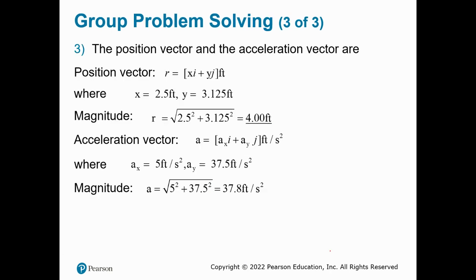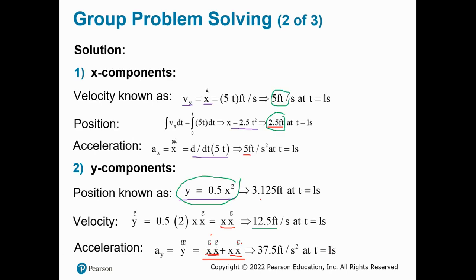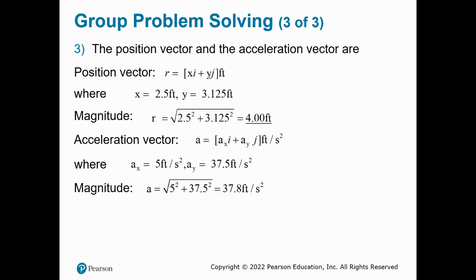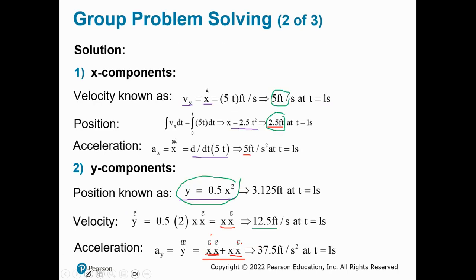If I'm looking for the position vector, all we're going to do next is put them together. I have the x component and the y component separately for velocity, acceleration, and position. The first one is your position vector: I have 2.5 on the x component and 3.125 on the y component.